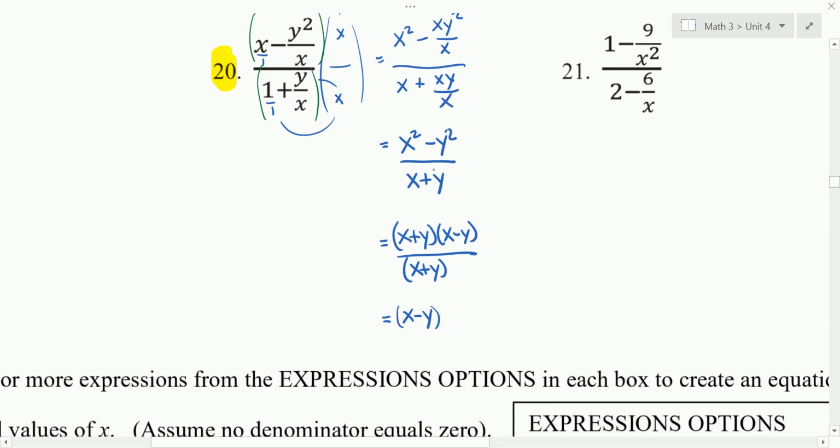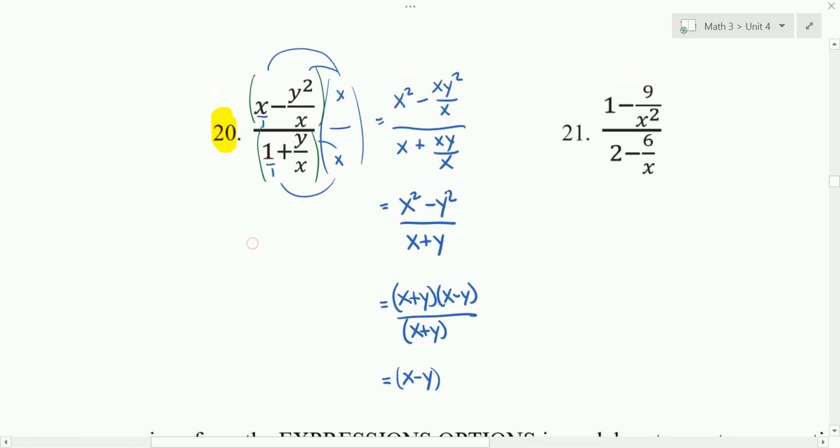Excluded value is, well, in the original problem, x was a denominator, so x can't be 0. After we simplified this, we have a denominator of x plus y, so x plus y cannot equal 0, which means that x cannot equal negative y. So those are exclusions, and so this simplifies to x minus y.